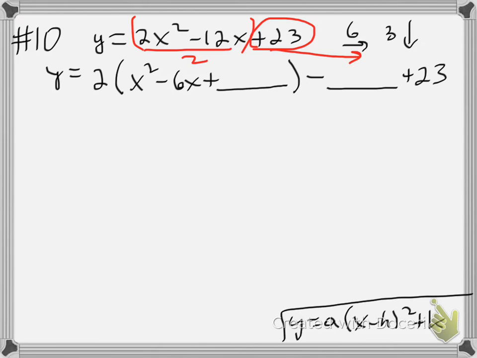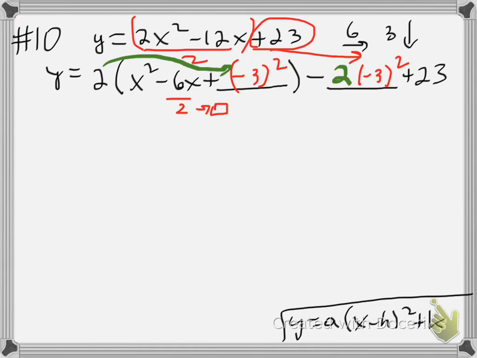So what is half of 6, divided by 2, and then square it? That will be negative 3 all squared. Most people want to put negative 3 all squared and be done, but again, I'm going to emphasize that there's 2 negative 3's all squared, so we have to put a 2 in front here to keep it all balanced.